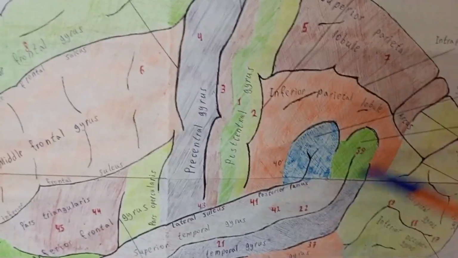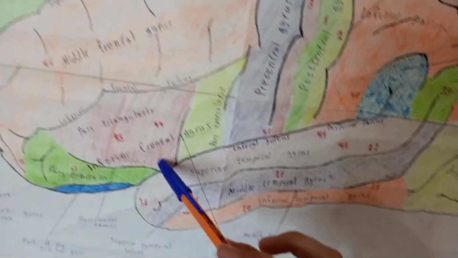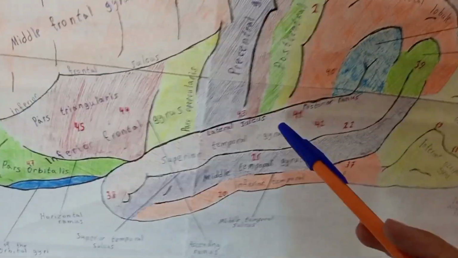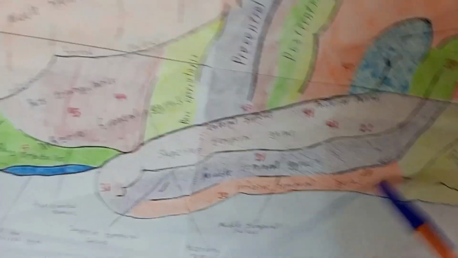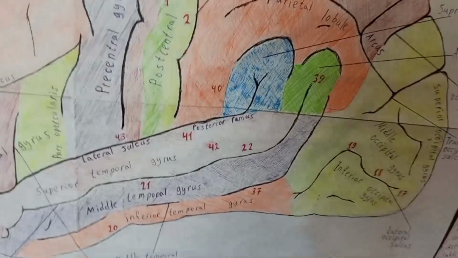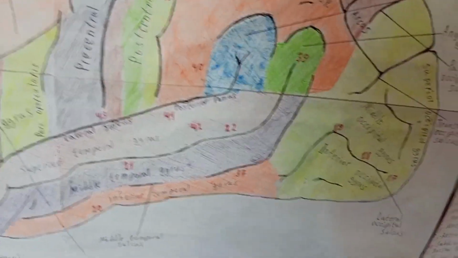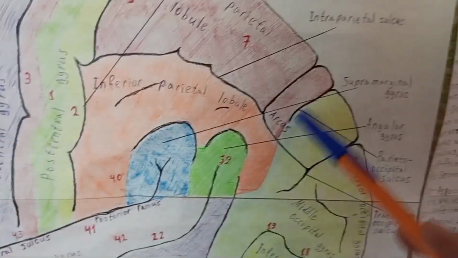This is parietal cortex. Then we have the lateral sulcus, which is here, and it separates frontal cortex and parietal cortex from temporal one. Here is temporal cortex, and then lastly we have the parietal sulcus, which is here.